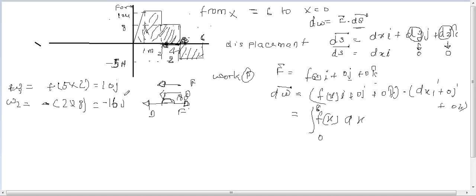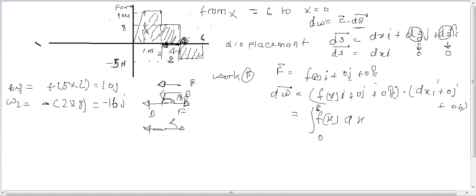Now we have to think about this portion also, this area also. Okay, from 2 to 1. So this height is 10 Newton. Again here the same thing is happening: the displacement is taking place along this, and the force vector is along this.